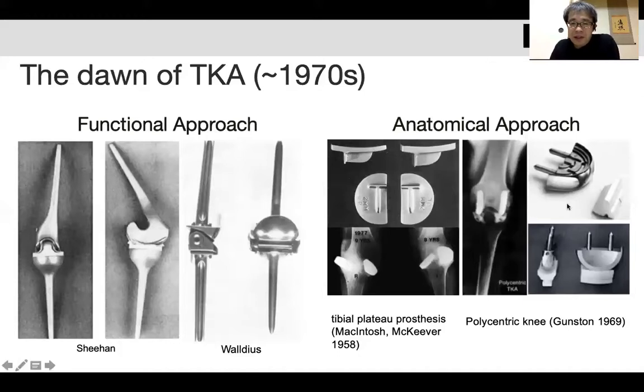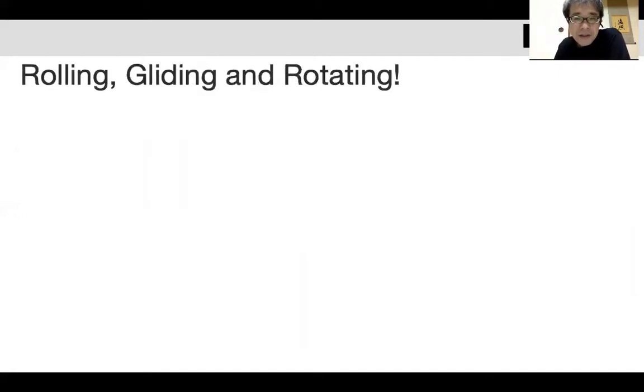But unfortunately, the result was devastating, and very catastrophic loosening could occur in these knees. This is a very historical component. This is only the tibial side. This is both the tibial and femur components, with a rail and groove. It's very interesting, from the 50s and 60s.